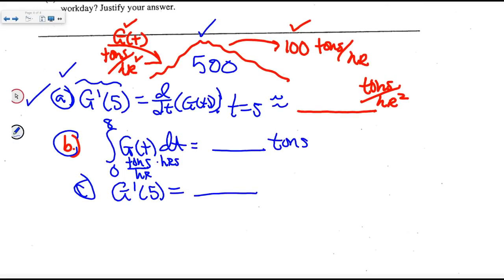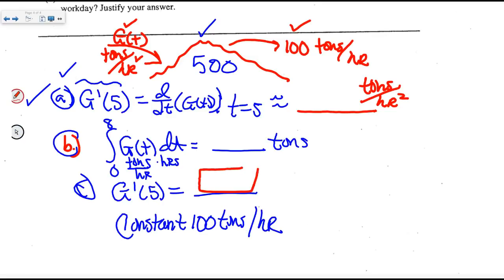Okay, so it would be 100 per hour times 5 hours, which would be 500 tons. Oh, sorry, I lied. The rate out, that's how many tons there would be. The rate out is a constant, 100 tons per hour. So what I'll do is I'll compare this number.